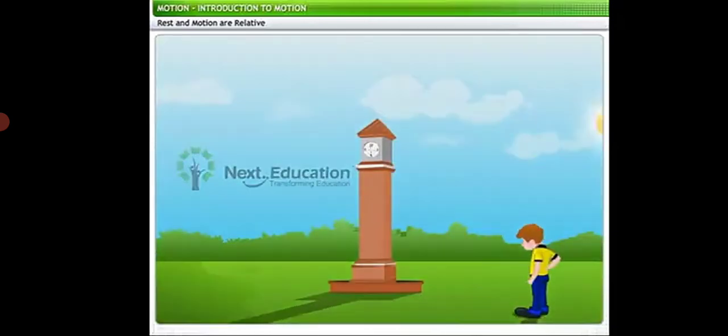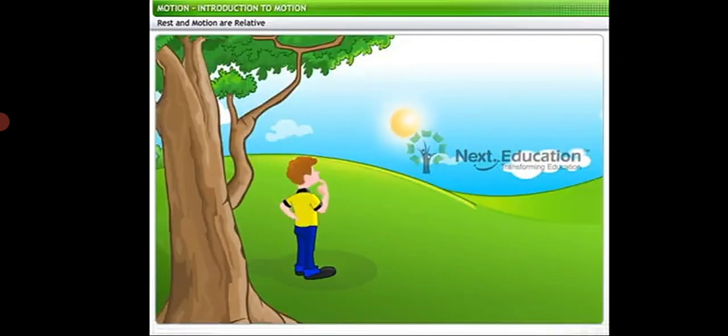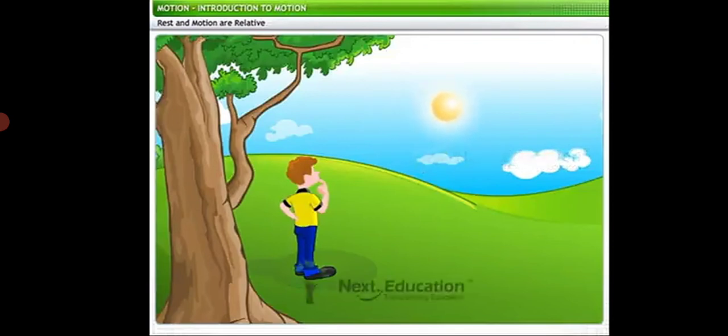However, based on the changes in the environment at various times of the day and transition of seasons, we can infer that the earth is rotating on its axis as well as revolving around the sun. Hence, overall, you are in motion as a part of that, but at the same time you are at rest with respect to your immediate surroundings.